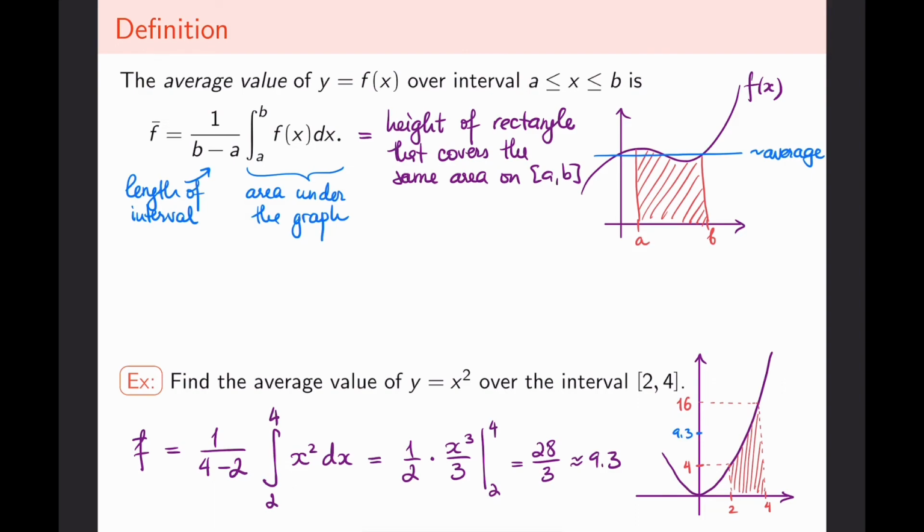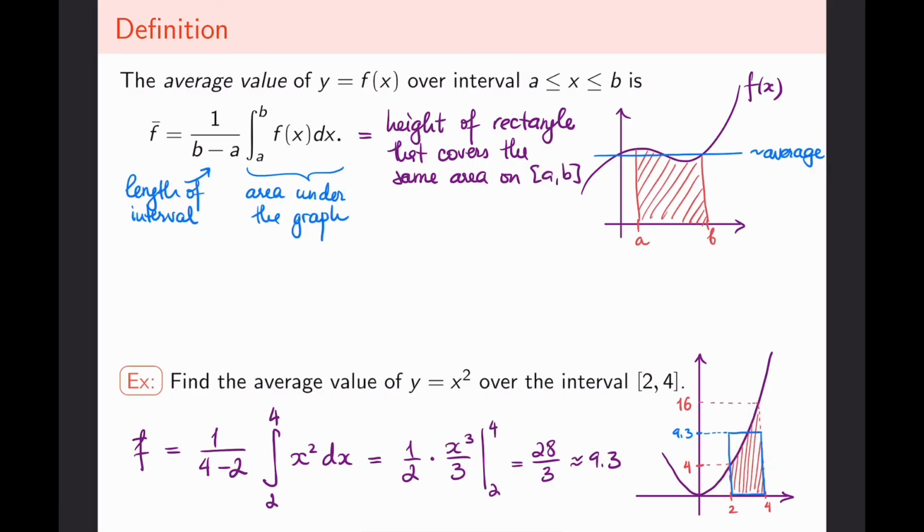And so what that means is if I now draw a straight line between 2 and 4, the rectangle under that straight line that spans this entire interval from 2 to 4, this blue rectangle will cover the exact same area as the red shaded, non-standard, non-regular looking area.